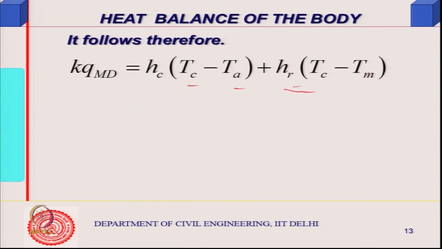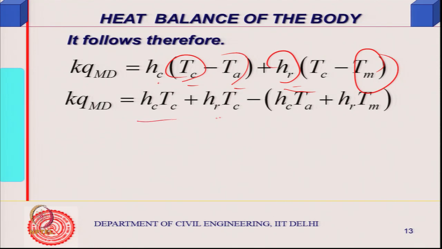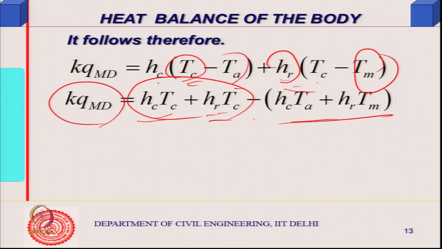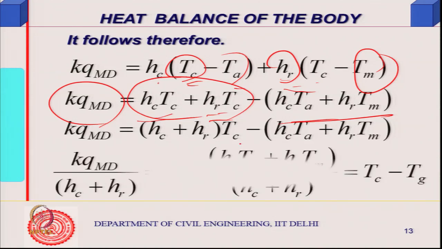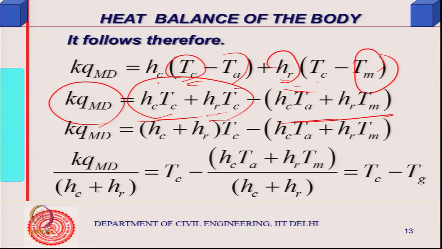So, the important issue is this, and I can write it something like this: Hc Tc, I can separate out, Hr Tc radiative, I can separate out, and Hc Ta, etc. So, this minus this is the heat loss given by this formula, and Tc can be taken common, with a little bit of algebra, and I can write it as KMD divided by (Hc plus Hr), right.